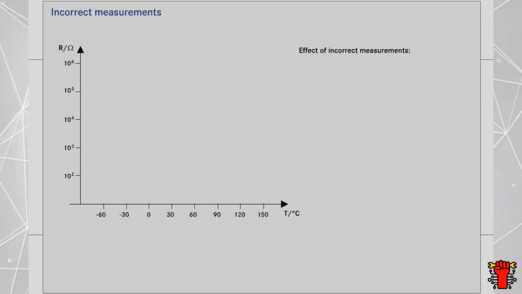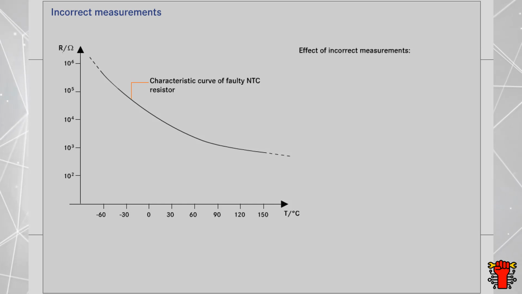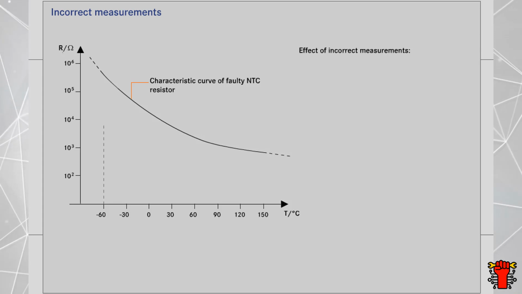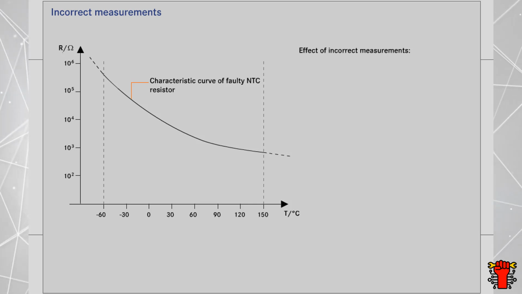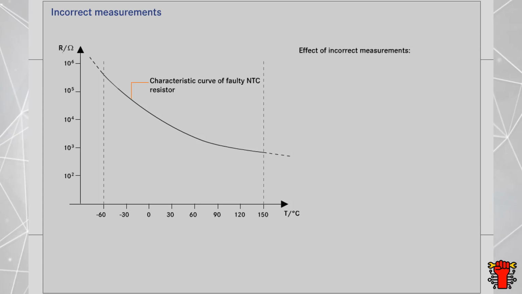Let's have a look at the example of a faulty NTC resistor which is used as the coolant temperature sensor. The measuring range shown here for the coolant temperature measurement is between -60 degrees centigrade and +150 degrees centigrade.